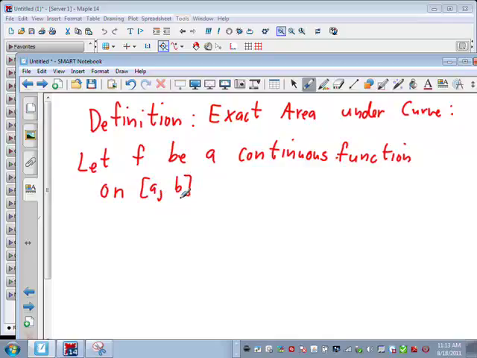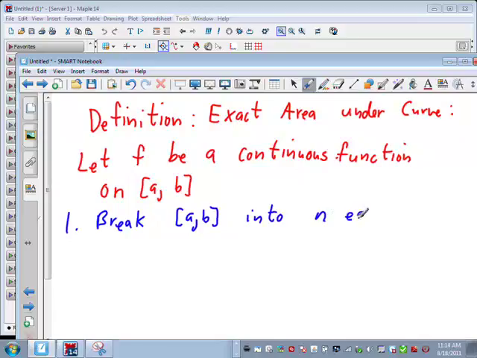Let's go through this procedure. What did we do first? Absolutely right. 1, break a to b. Some people like the word partition. I like partition too, but partition a to b into n equal pieces.